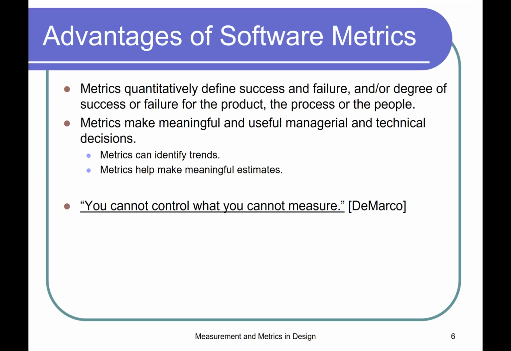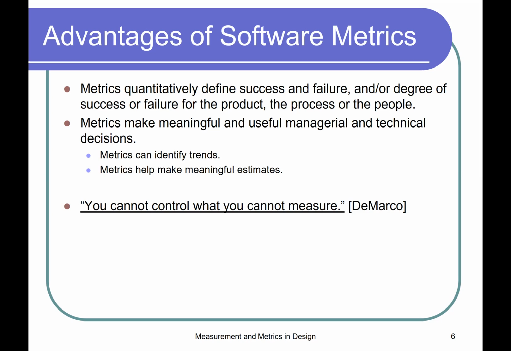All right, the advantages of using software metrics. In general, you cannot control what you cannot measure, same as in any aspect of life. It's hard to control your weight if you cannot measure it and you don't see progress. You don't really know if you're actually doing well or not, despite people's compliments.